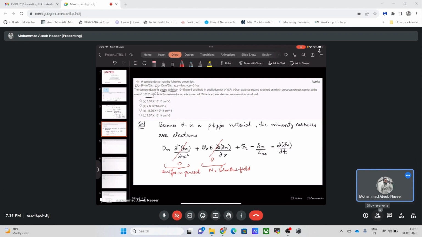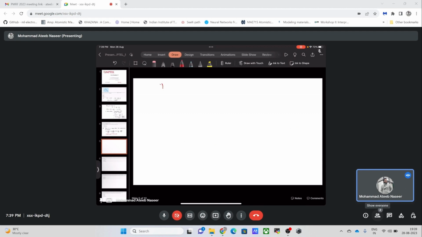Okay, so now we will be just left with GL minus delta n by tau n naught equal to d delta n by dt.